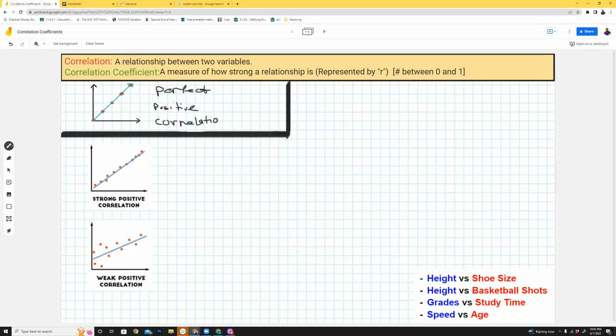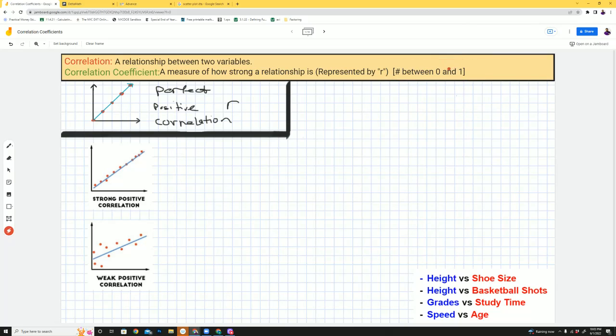So when we look at correlations, we want to test how strong they are. And we test it by using a number that's called the correlation coefficient. This measures how strong a relationship is between the two variables that we're looking at. The correlation coefficient is represented by r, and at least when it's positive, it's a number between 0 and 1.